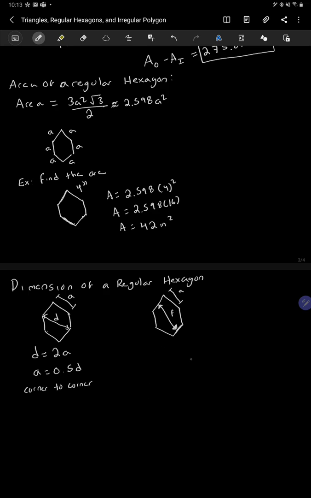This is from side to side or flat to flat. And my formula is F is equal to 1.732 a.